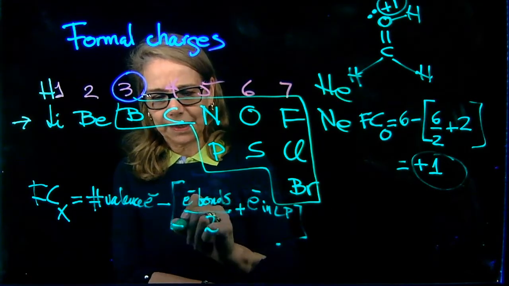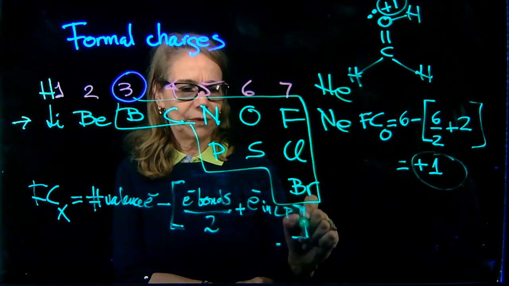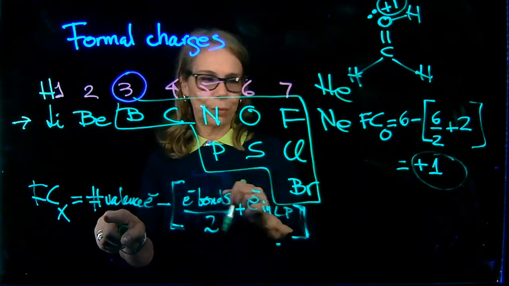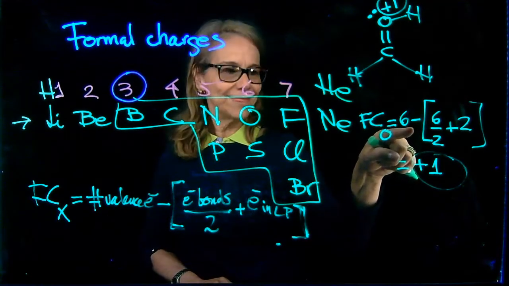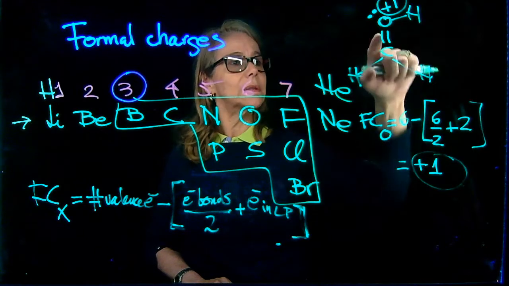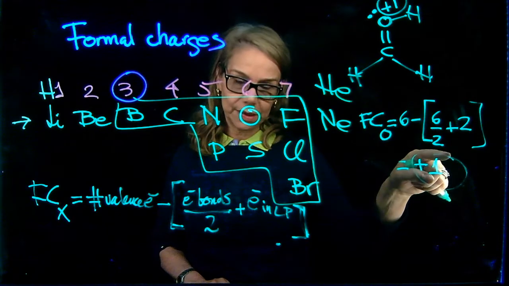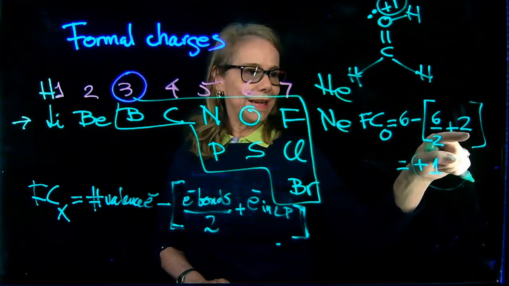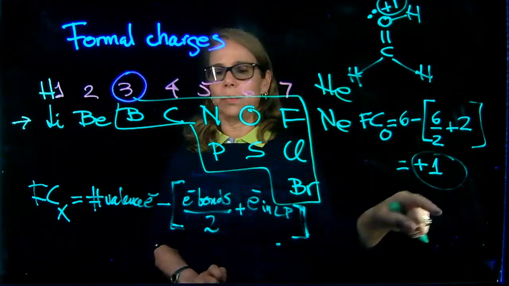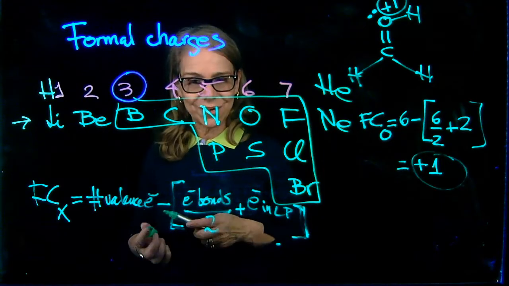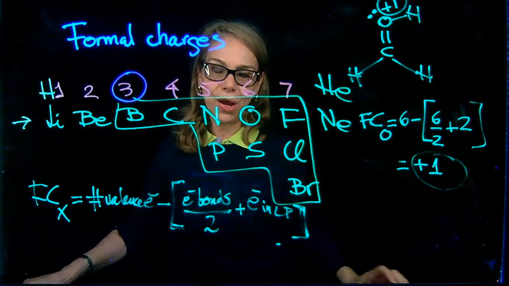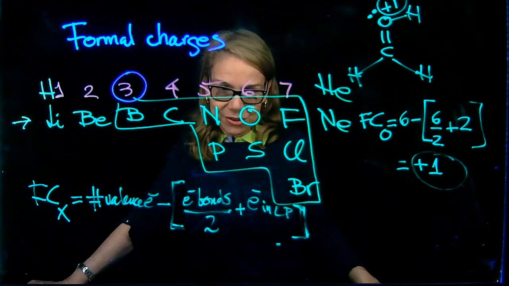So that's exactly what we did. In the case of oxygen, this number was 6. And then we counted bonds, so 2, 4, 6 electrons divided by 2. That was 3. And then we have 2 electrons in the lone pairs. So that will be the strategy that we need to use when calculating formal charges in a compound.